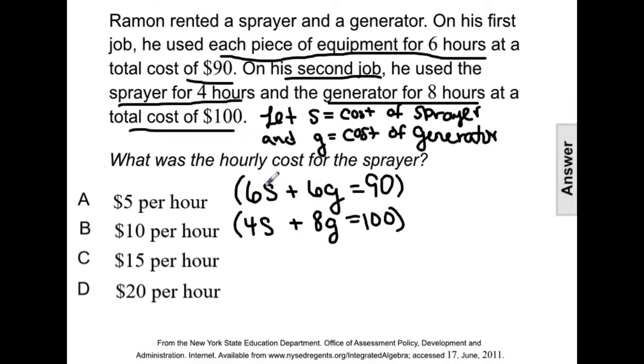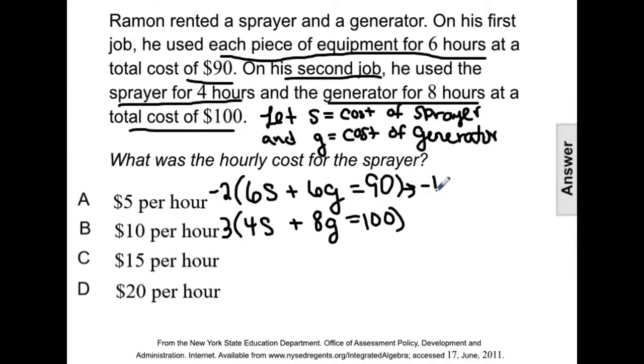Looking at the S variable, 6 and 4 have a common multiple of 12. So if we make the top equation negative 12s and the bottom equation 12s, then we need to multiply the top by negative 2 and the bottom equation by 3.